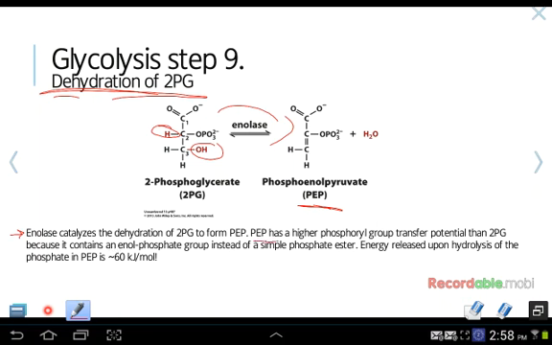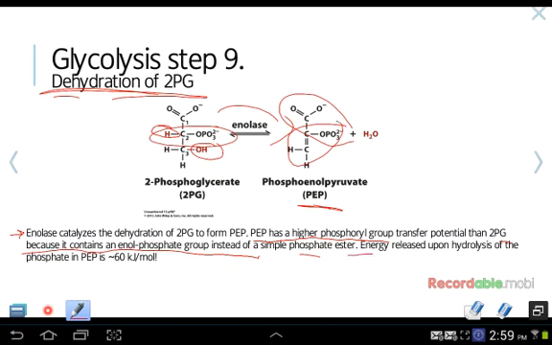Now remember, PEP has a very high phosphoryl group transfer potential, much higher than 2-PG or 3-PG, because it contains an enol phosphate group here instead of just a simple phosphate ester here.